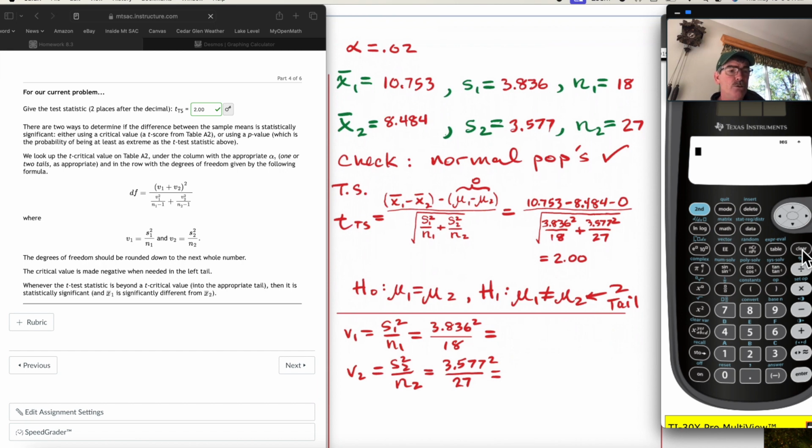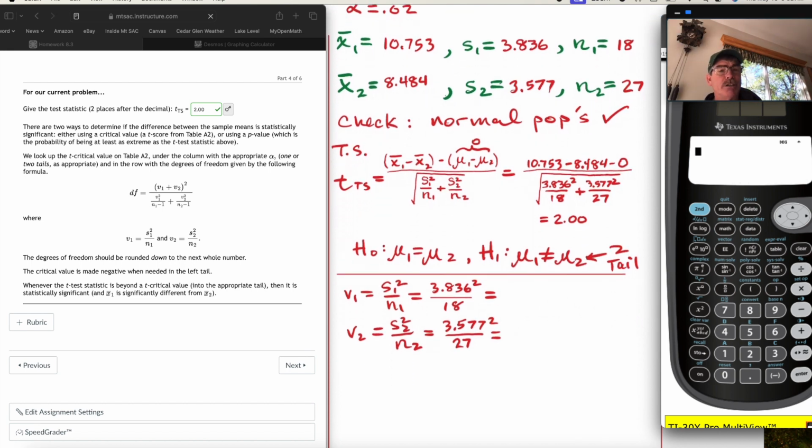Okay, now for V2, it's 3.577, again squared, and then over the sample size 27. Okay, and once again, a messy number. I'm going to store that. This time tap the variable button twice to make a Y. Okay, so the two V1 and V2 values are in X and Y. I'll go ahead and put down the formula.